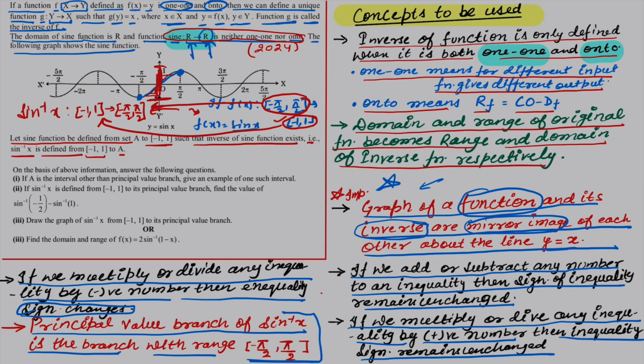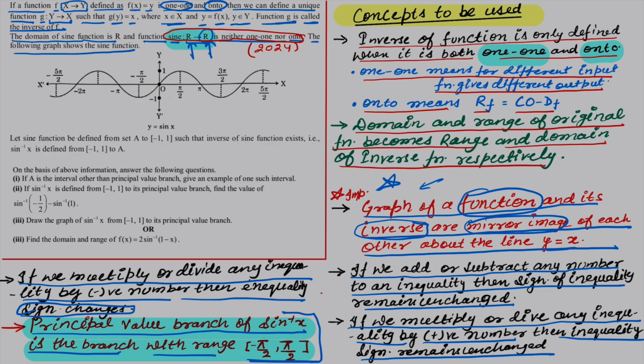Now in the concept part we have seen that the principal value branch of sine inverse x is the branch with range minus pi by 2 to pi by 2. So if we consider this branch, the inverse function we get is called the principal value branch, and its range will be minus pi by 2 to pi by 2.